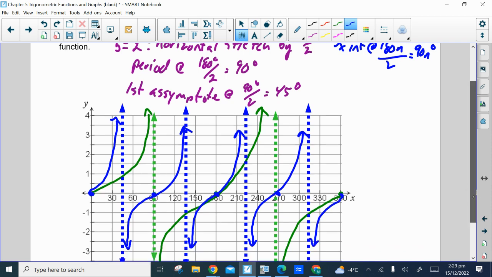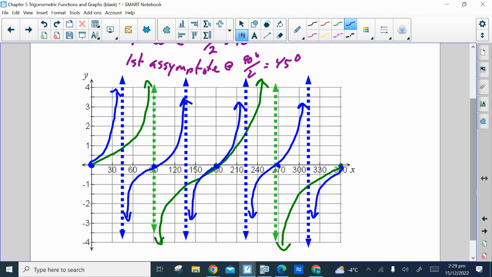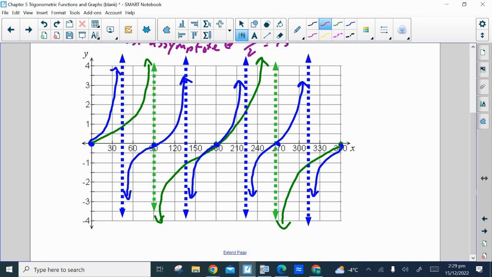So there's the graph of y equals tan 2x. The domain will change. The domain for this will be x cannot equal, the first asymptote was at 45 degrees, and because the period is 90, now it's every multiple of 90 from 45 degrees.